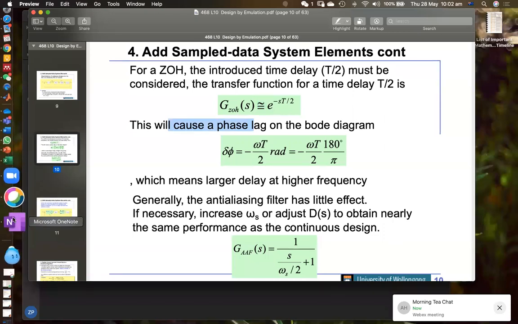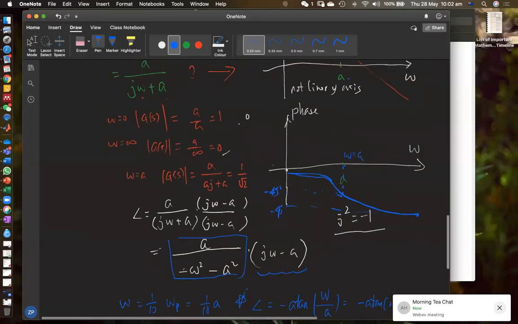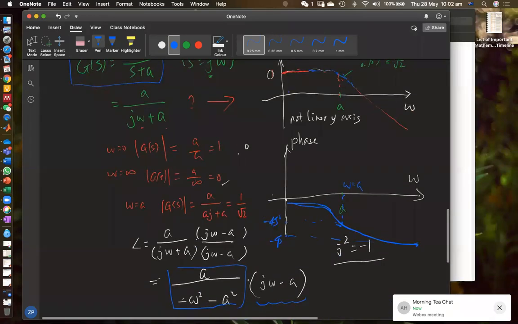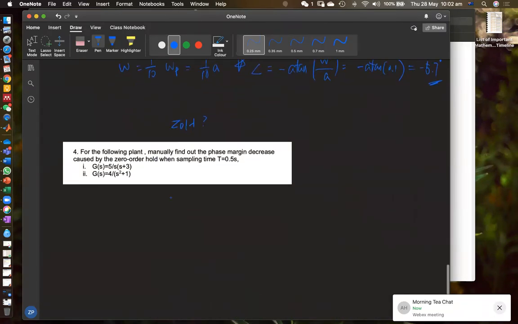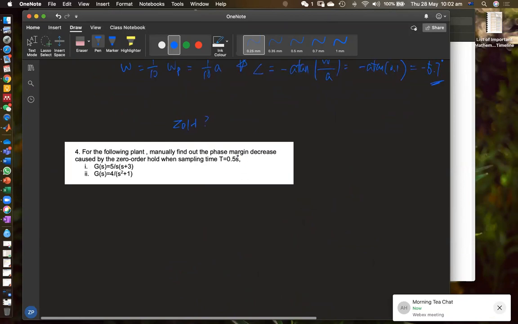Omega is our horizontal axis. It depends on what frequency we look at; it has different kind of delay. So that's what this question is asking for: how much the phase margin decreases caused by the zero order hold when sampling. So different sampling time also will cause the difference.